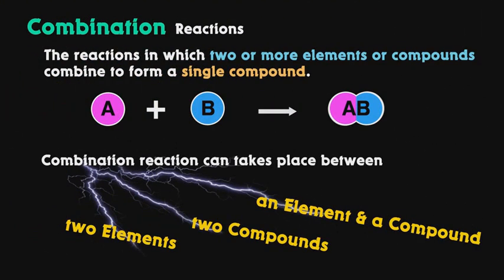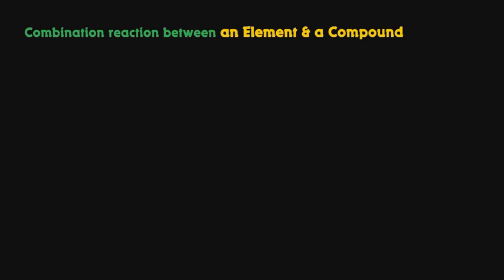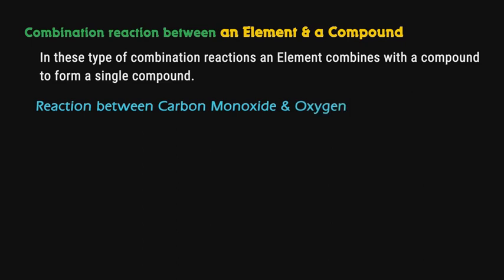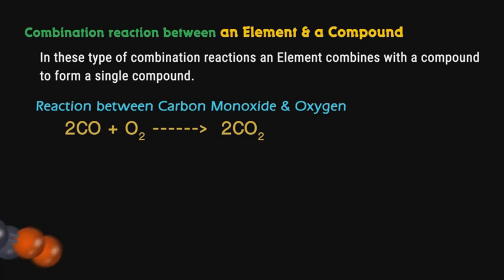Now we'll discuss combination reaction between a compound and an element. Let's see. First example, that is reaction between oxygen and carbon monoxide. When carbon monoxide reacts with oxygen, that produces carbon dioxide.